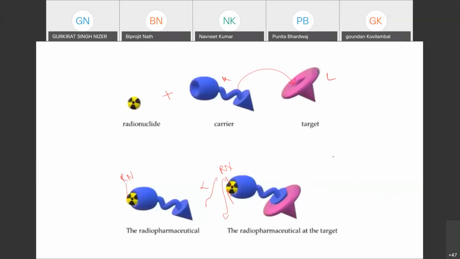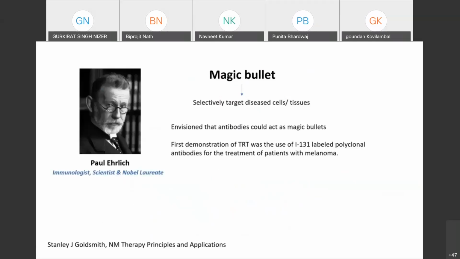So it all started with the vision of Dr. Paul Ehrlich, who is an eminent immunologist, scientist, and a Nobel laureate, and he envisioned the concept of the magic bullet. So what is all about this magic bullet theory? That magic bullet can be any drug, any molecule, any peptide or whatever it be.